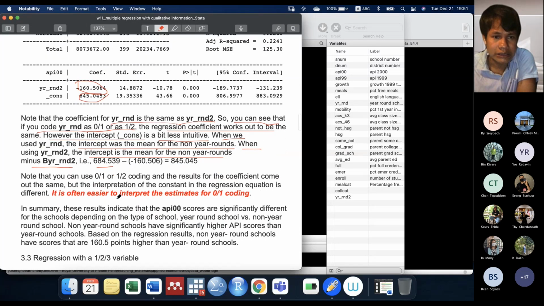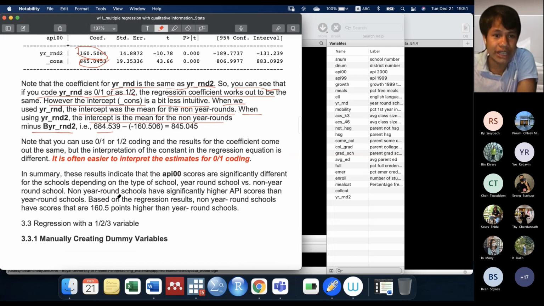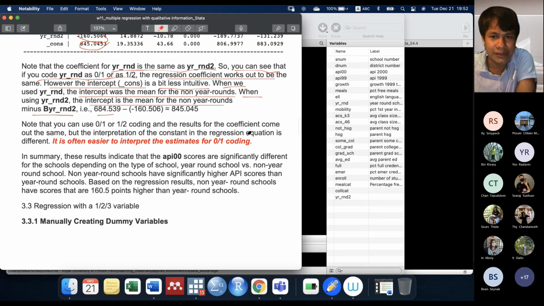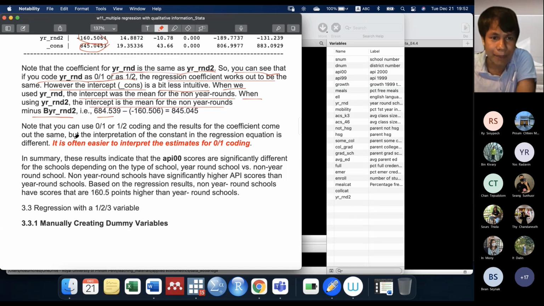So note that you can use 0, 1 or 1, 2 coding. The outcomes for the coefficients come out the same, but the interpretations of the constants in the regression equations are different.